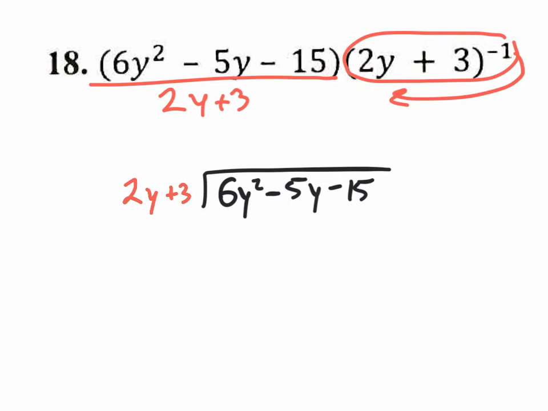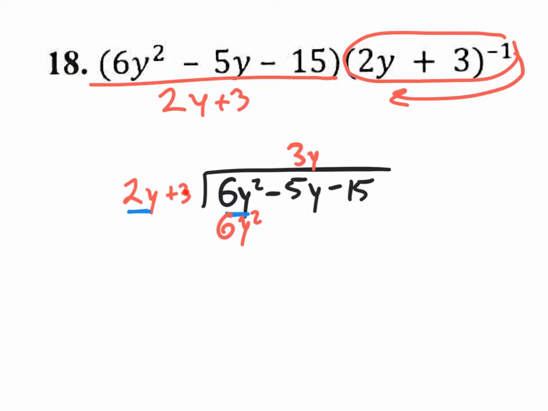And again, you focus in on your first term. 2y times what will get us exactly that 6y squared? So 2y times 3y will get us that exact 6y squared. But again, we have a binomial here, so you need to distribute it.